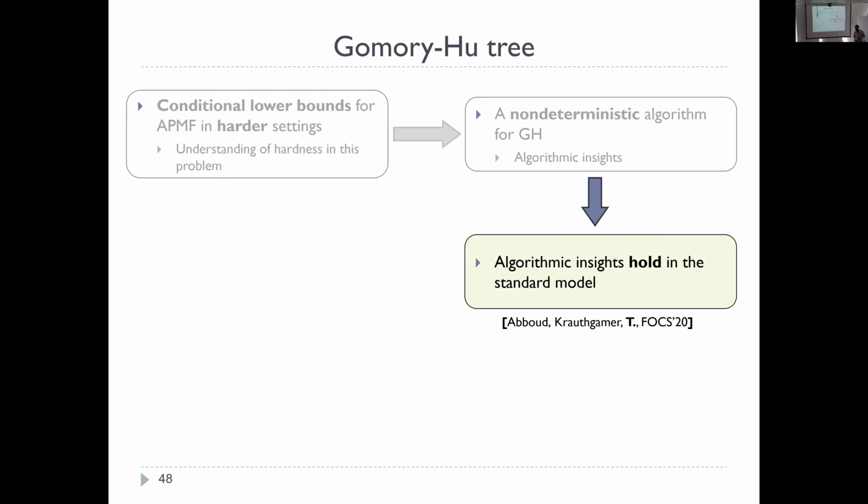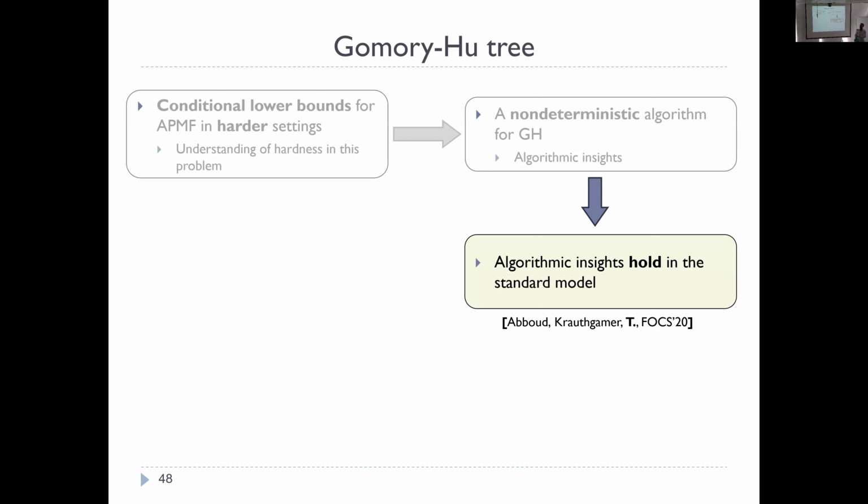Okay. So in the third step, what we showed is that this algorithmic insight, that single source max flow is where the difficulty lies, holds also in the standard model.